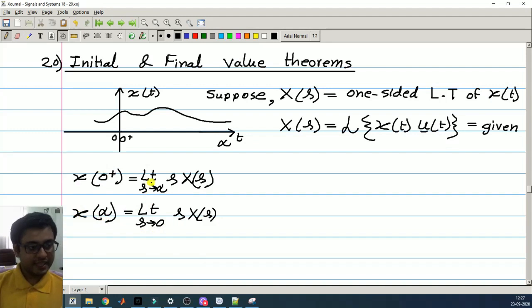So notice that this is opposite. For 0 plus s tends to infinity, and for x infinity s tends to 0. And s multiplied by X(s) is same here as well as here.